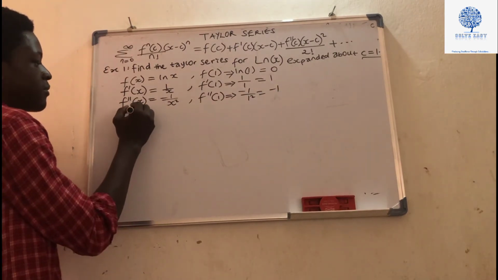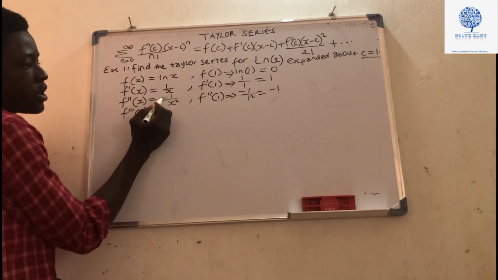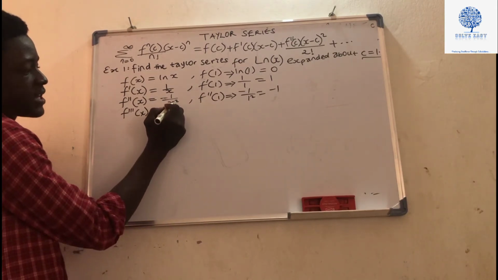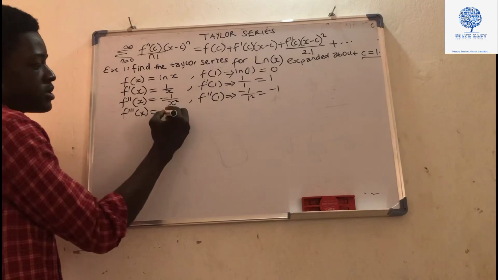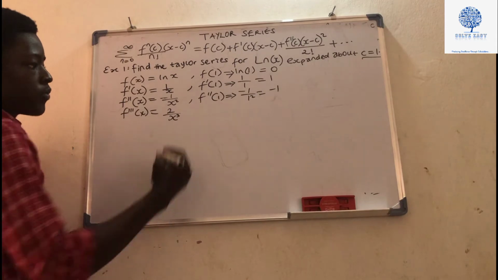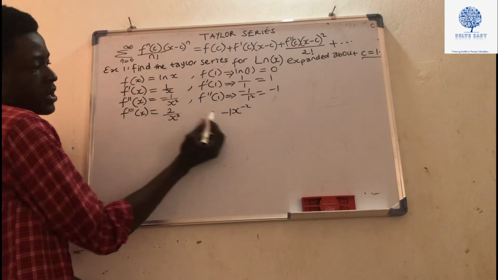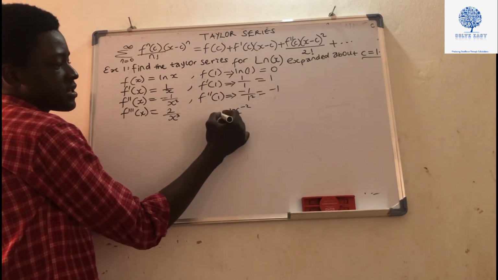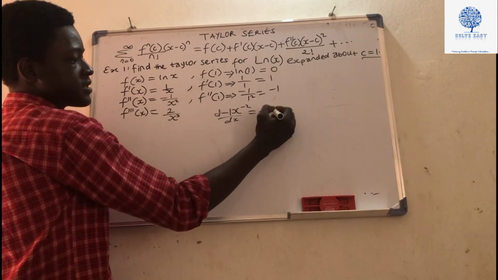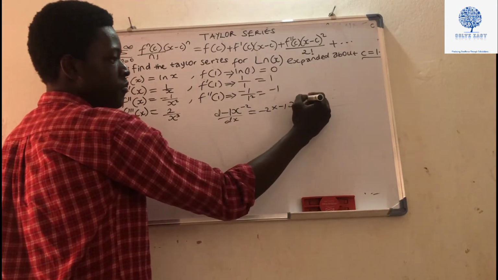Now let's do the third derivative of x. Differentiating this function again, like we said earlier, we will change the negative sign to a positive sign first of all, and then use the power of x to multiply 1, which is 2 all over x to the power of 3. Then we add 1 to the power. Or we will say this is minus 1 x to the power of minus 2 from here. Now, differentiating this with respect to x gives us minus 2 multiplies minus 1, and then we have x. Remember, in differentiation we remove 1 from the power, minus 2 minus 1.